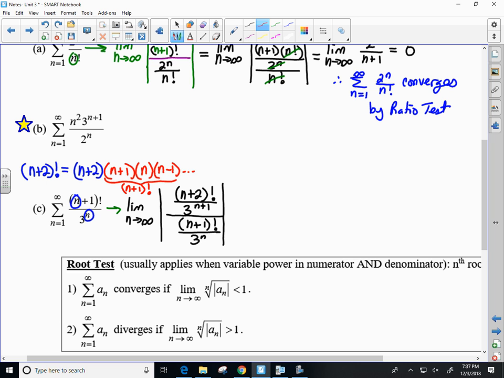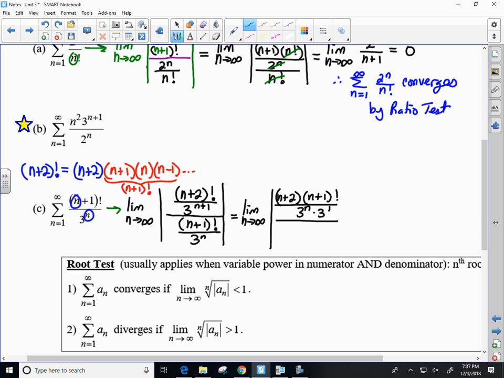All right, so I want to rewrite instead of (n+2) factorial, I'm going to write it as (n+2) times (n+1) factorial over 3 to the nth times 3 to the first.